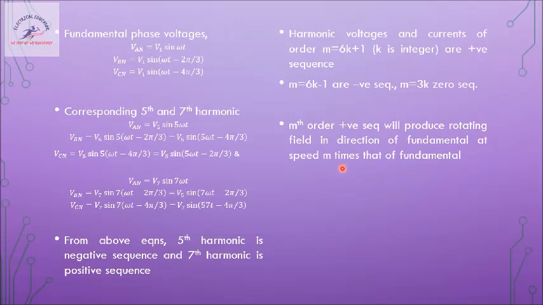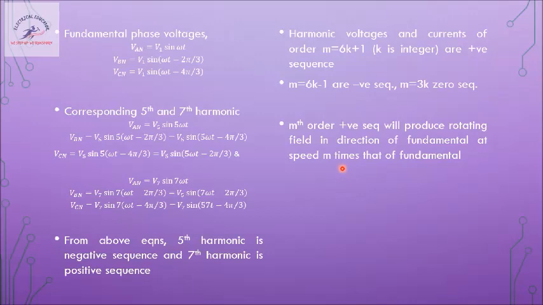So now we know that the seventh harmonic is a positive sequence component. So the seventh harmonic will produce a positive sequence field, but the speed at which this rotating magnetic field rotates will be 7 times the synchronous speed, because the fundamental will always rotate at synchronous speed.